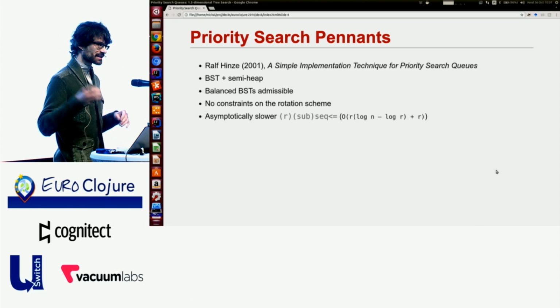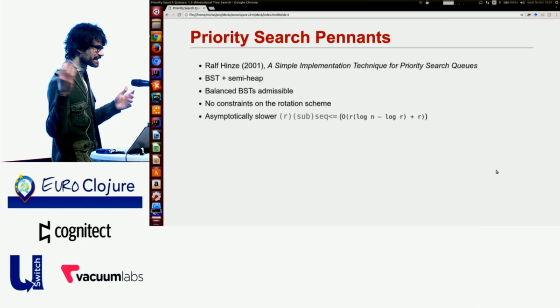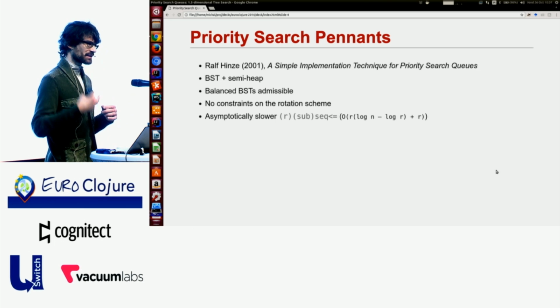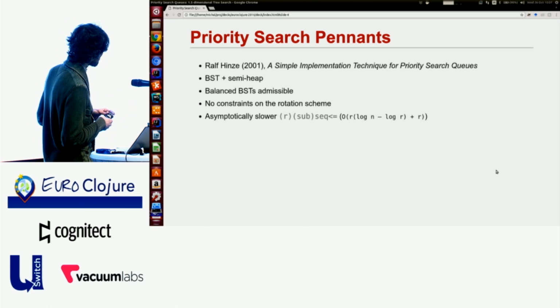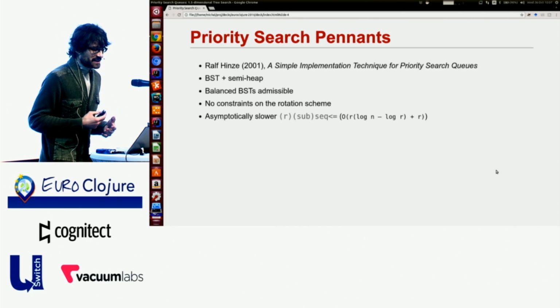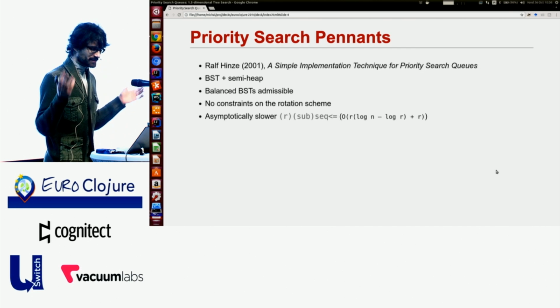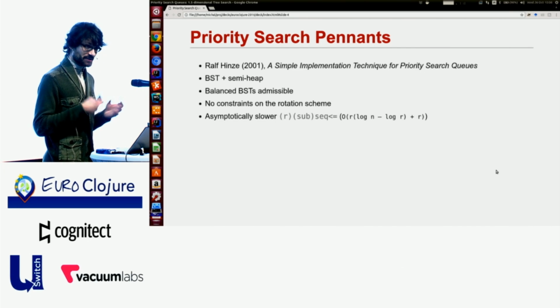As it gets larger, you get closer to linear, but you get closer to linear faster than you would with priority search trees. But then because there are no constraints on the rotation scheme, you can plug in something like an AVL tree or a weight balance tree or whatever you want, really, which is very nice.